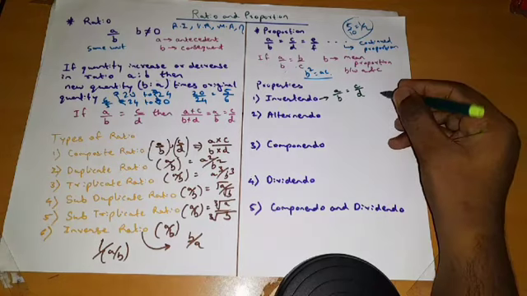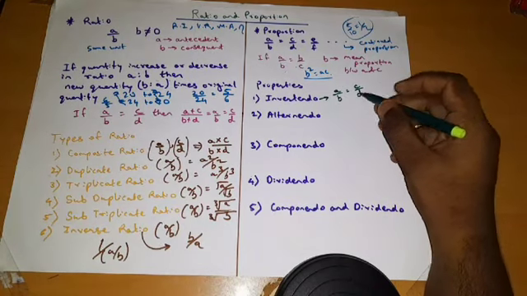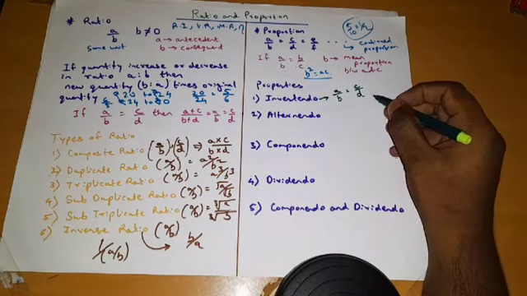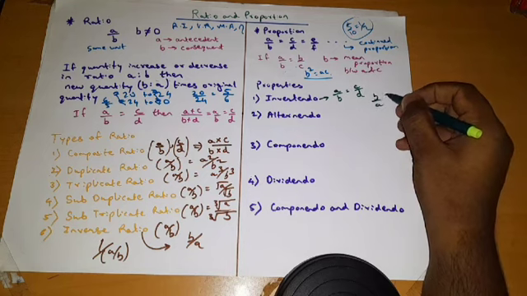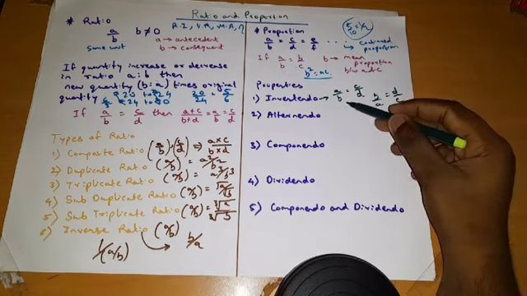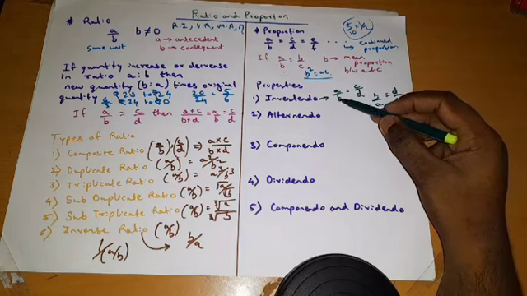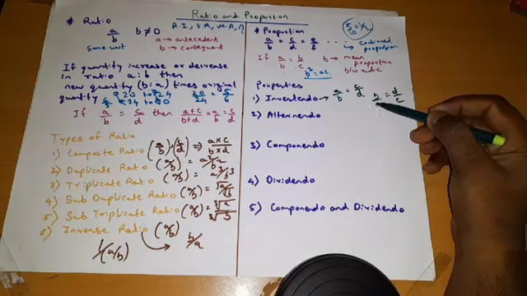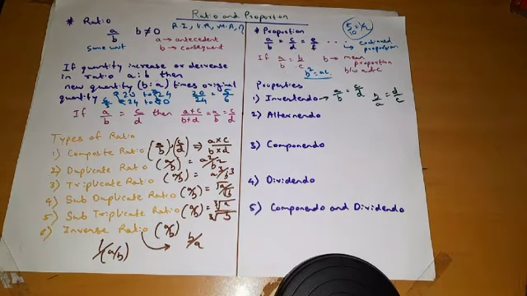If we apply invertendo, meaning the reciprocal on both sides, then B upon A is equal to D upon C. That is invertendo.